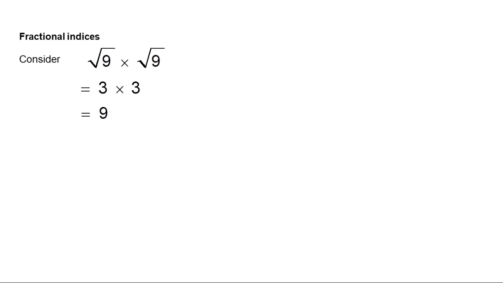If I apply what I have learned about converting, square root of 9 is equivalent to 9 raised to the power of 1/2. And 9 raised to the power of 1/2 times 9 raised to the power of 1/2. If I apply rule number 1, which is multiplying two numbers with the same base, I just add the indices or exponents.